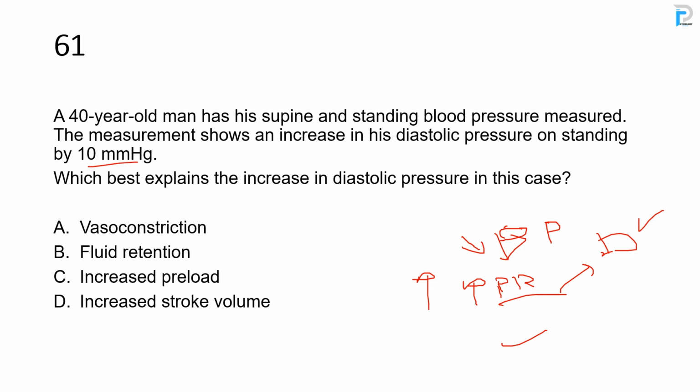That is the normal response. So the correct answer here is vasoconstriction, which causes the increase in diastolic pressure. So remember, diastolic pressure is mainly affected by total peripheral resistance, and the total peripheral resistance is mainly affected by the diameter of the arterioles.